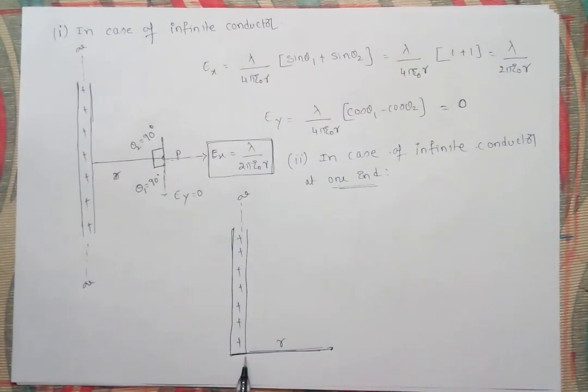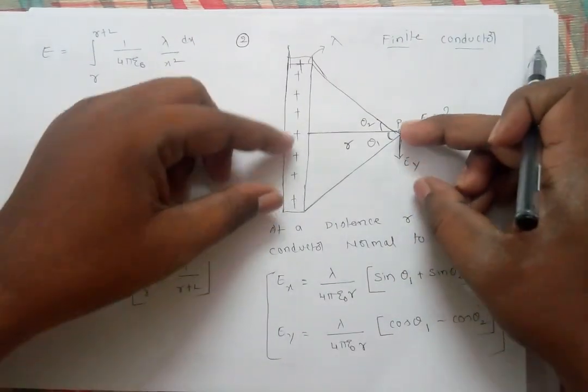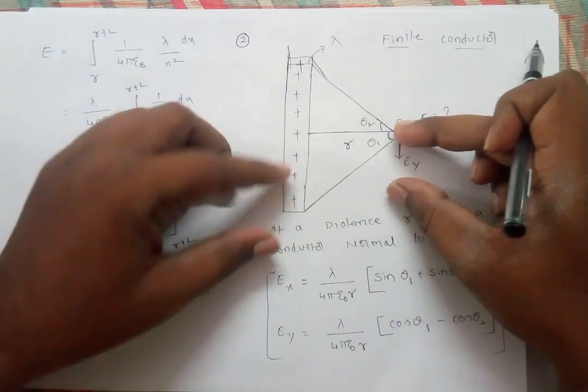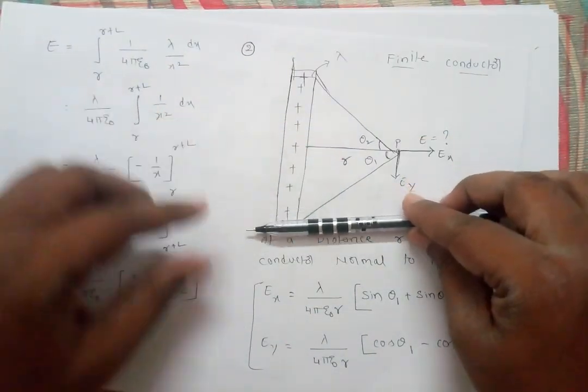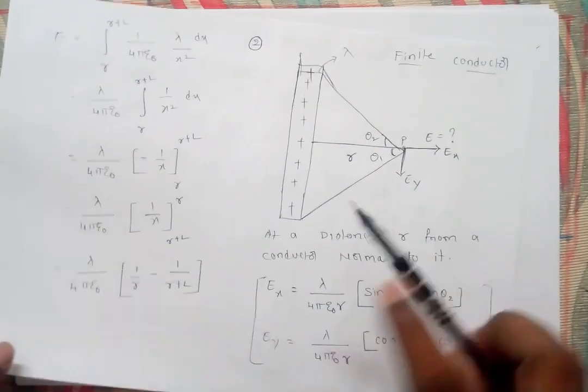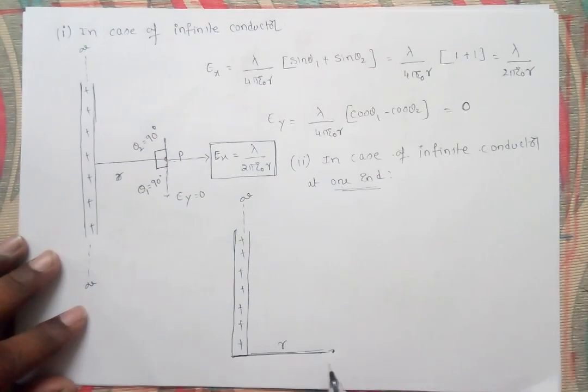Then if you take one end, if this r is taken down, this theta becomes 0, because at this lower end the angle made is 0.